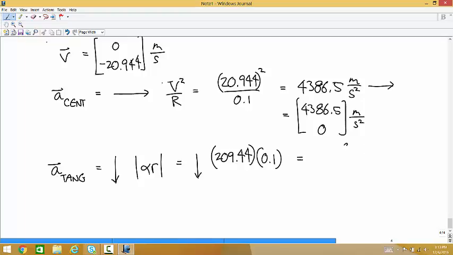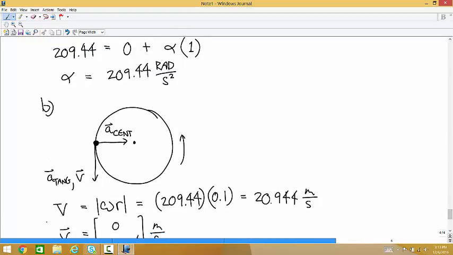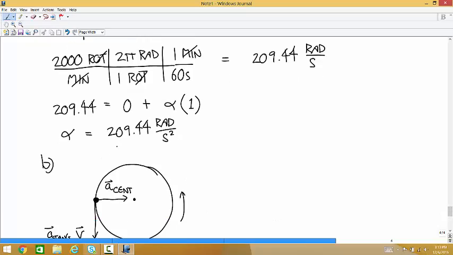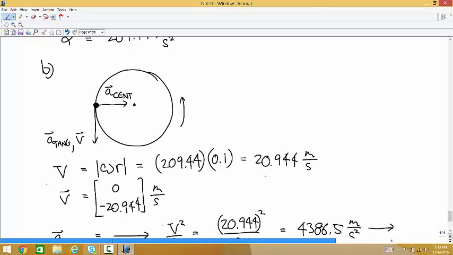So we get a vector of 0, negative 20.944. Yes? I thought we calculated it as a quantity... The angular acceleration we calculated up here was 209. The velocity here was 20.944. But to calculate the acceleration, we need to multiply the angular acceleration times the radius.